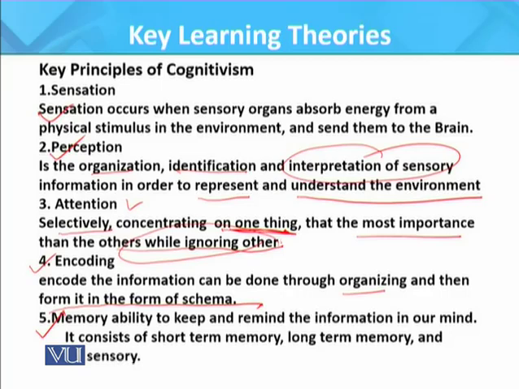Memory is the fifth principle, which refers to the ability to keep and recall the information in our mind. It consists of short-term memory, long-term memory, and sensory memory. Short-term memory consists of a limited amount of data, and the duration is very short.